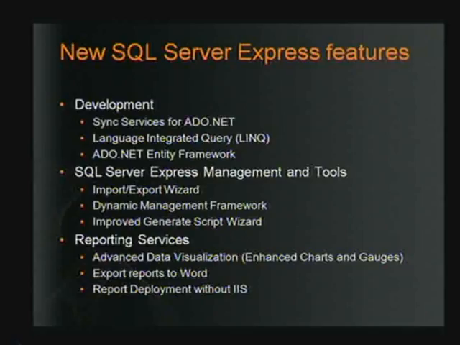For scenarios where people are just generating reports and dropping files on a share, they were frustrated they had to have IIS configured on the box, so we've removed that restriction. If you want to surf to those reports over a web server, of course we need that, but we don't need IIS just to generate the reports. So those are some of the changes we made.